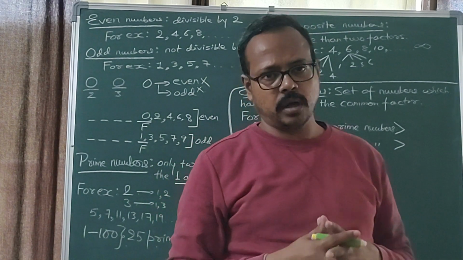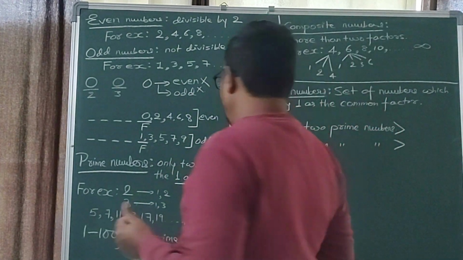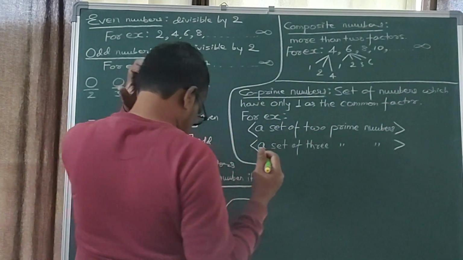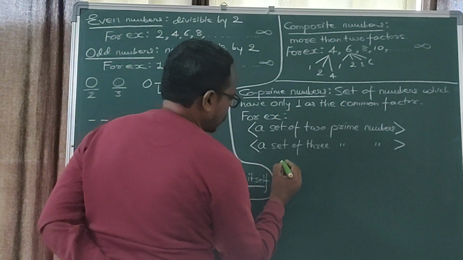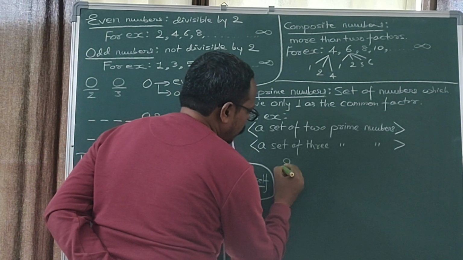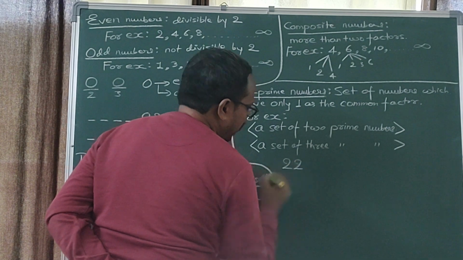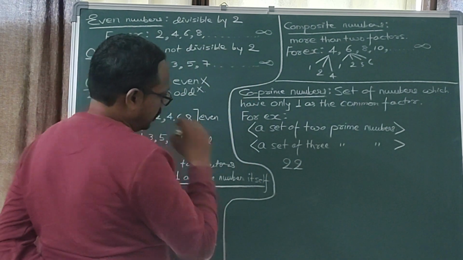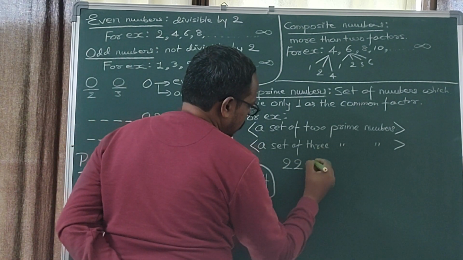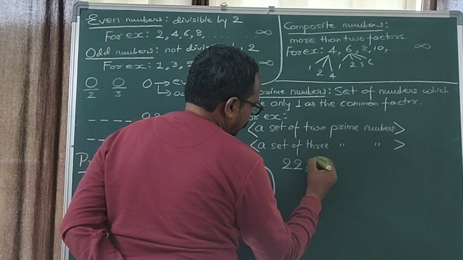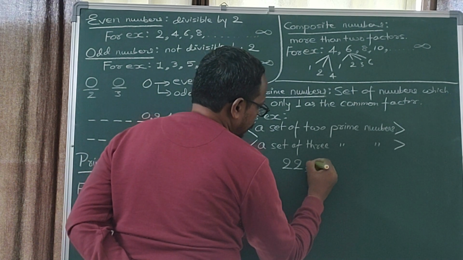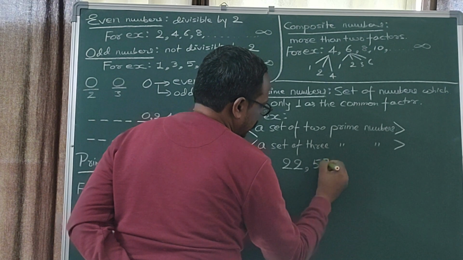You should think about that also. So let's try to take an example. So we can say that 22, comma 57. Can you check that?